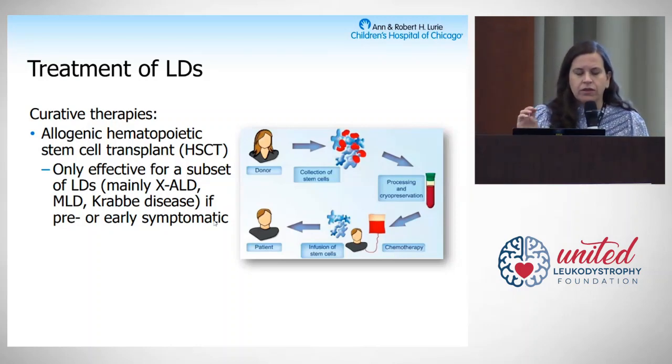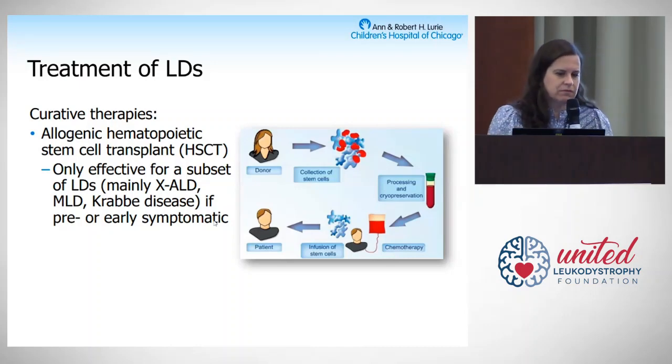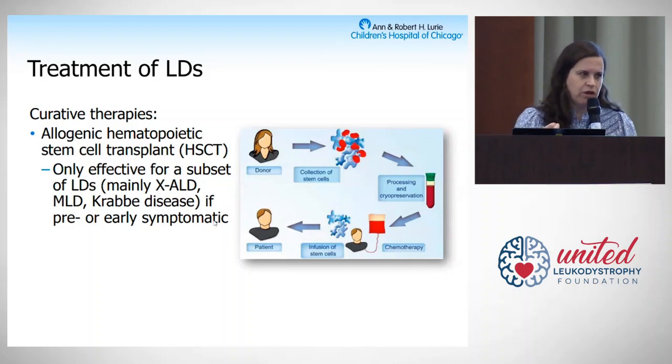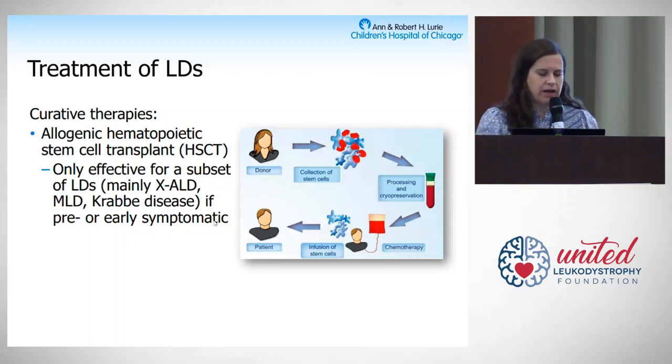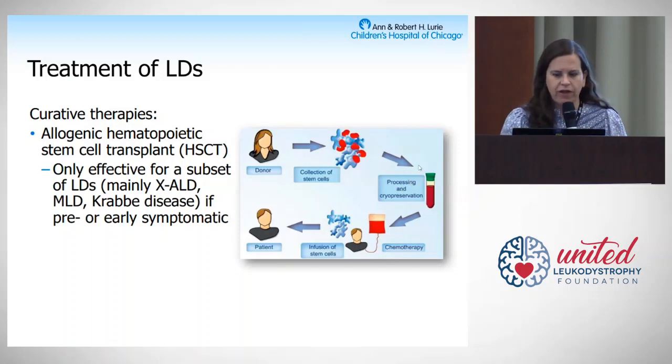There are allogenic stem cells, where you get the stem cells from someone else, and there's an autologous stem cell transplant, where they take your own stem cells, change them, and give them back to you. These are allogenic stem cells. Basically, they collect stem cells from the donor. The donor can also be cord blood, and they process and preserve them.